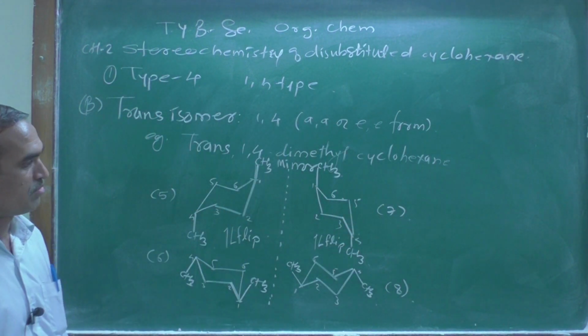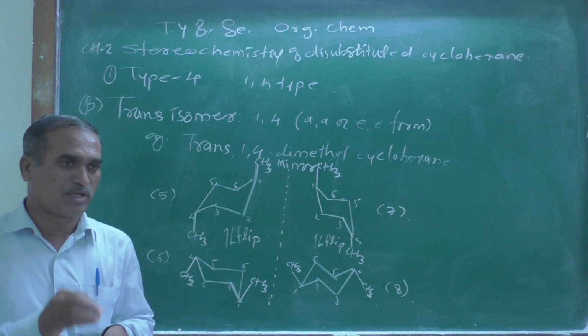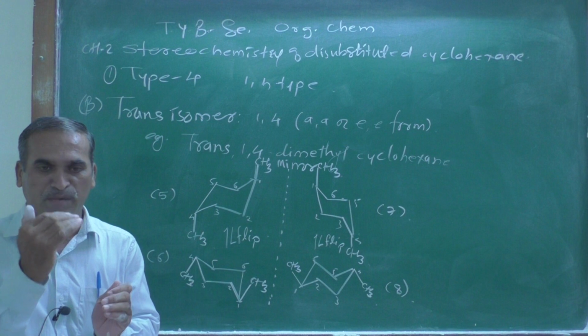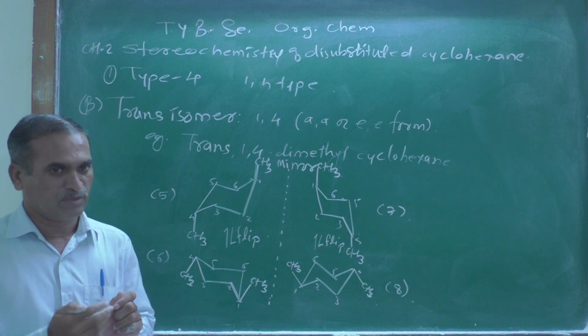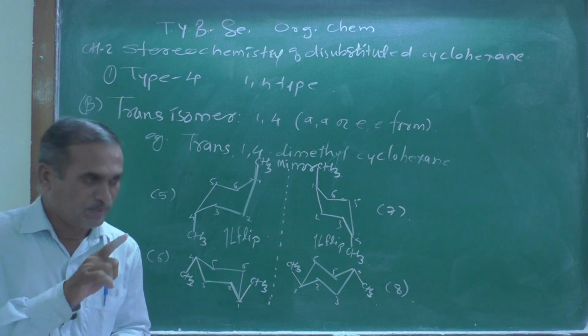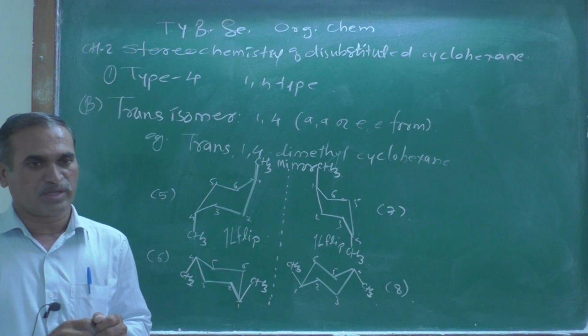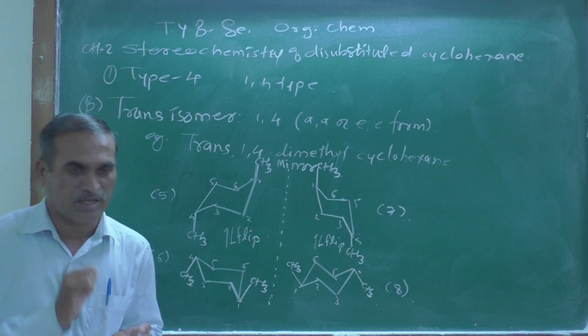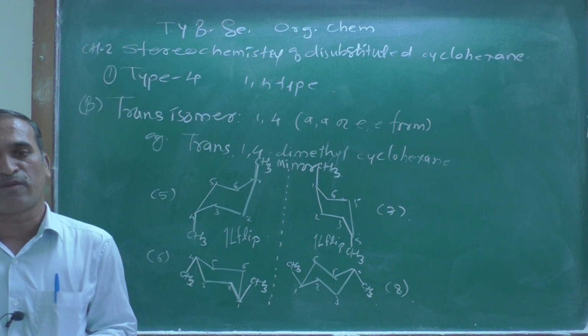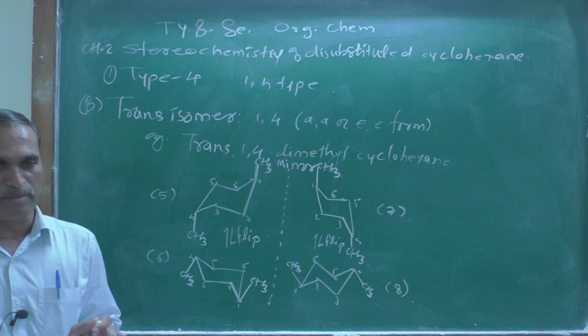Now we have got four structures. Generally we study stereochemistry step by step with respect to four points. First, geometrical isomerism. Second, optical isomerism. Third, conformational isomers. And fourth, relative stabilities.